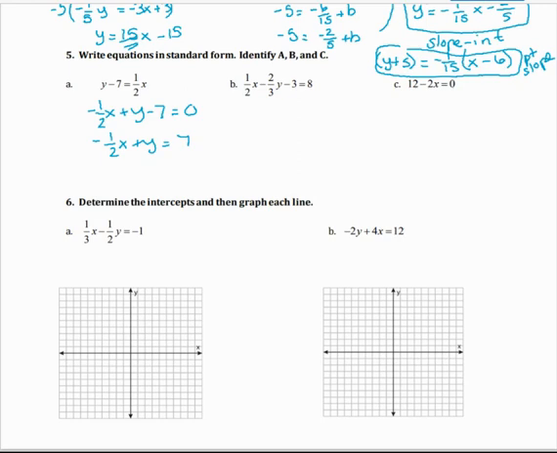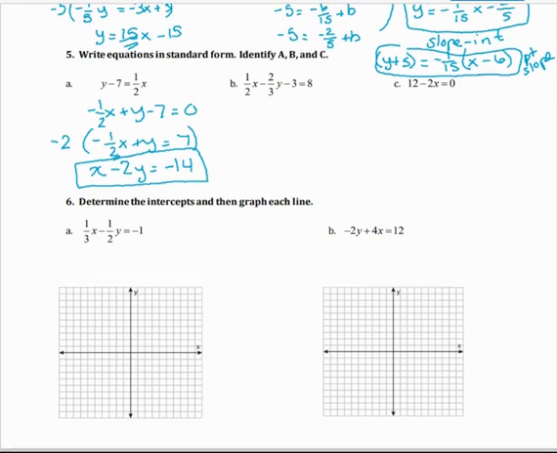Everything's in the right location, but I have fractions and a negative. So I need to clear that, and I'll multiply by -2. And that will clear both the negative and the fraction at the same time. So this will give me positive x minus 2y equals -14. Now I'm in official standard form.